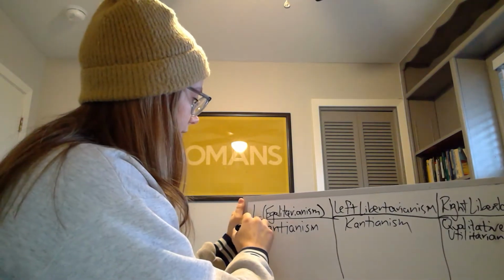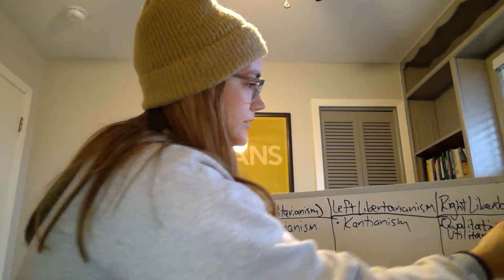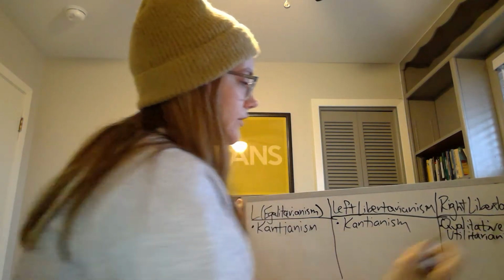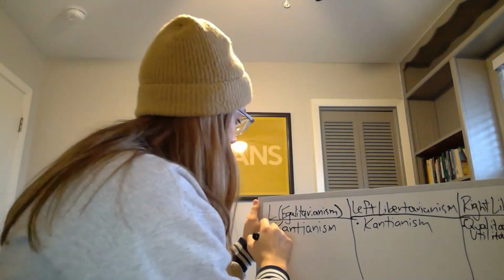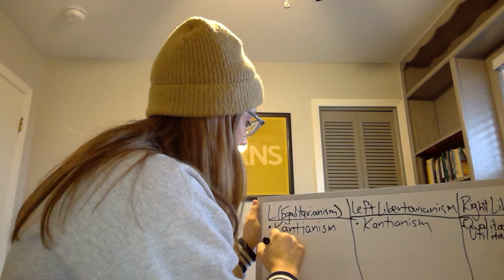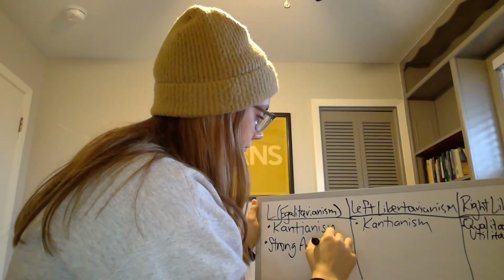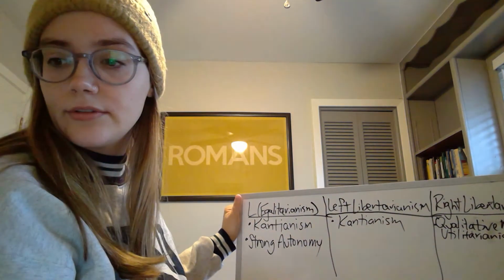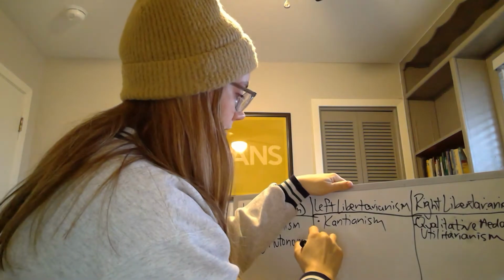make more sense. Okay, so then we get to the ultimate justifier, which is kind of like the thing that matters most. So the ultimate justifier for egalitarianism is strong autonomy, and I'll define that in a minute. For the left libertarianism, it is weak autonomy.